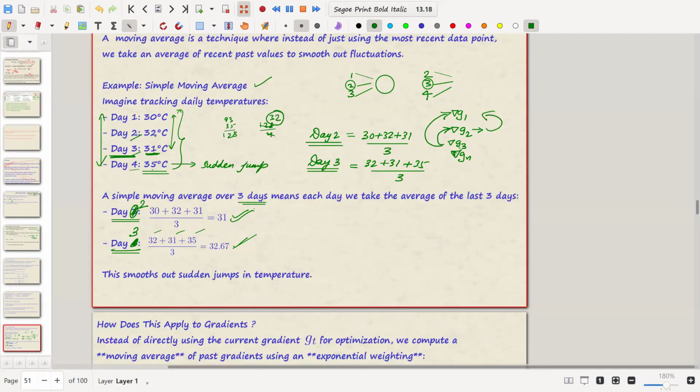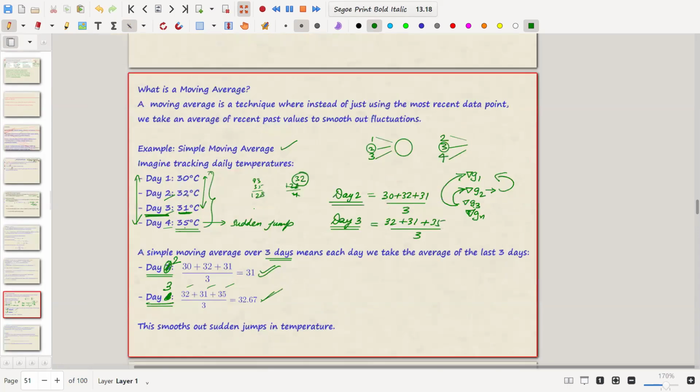You are taking the values of the past in leaky averages. That's the only concept needed in the gradient computation. We will take the gradients of the past iterations. That is it. Nothing else. Okay. Shall we go?